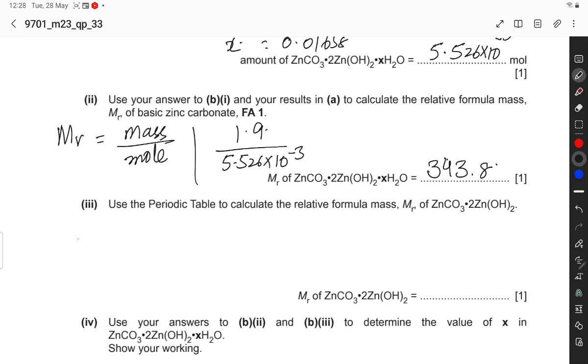So use the periodic table to calculate the relative formula mass Mr of this compound.